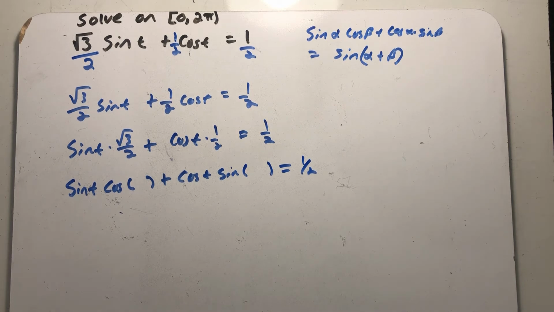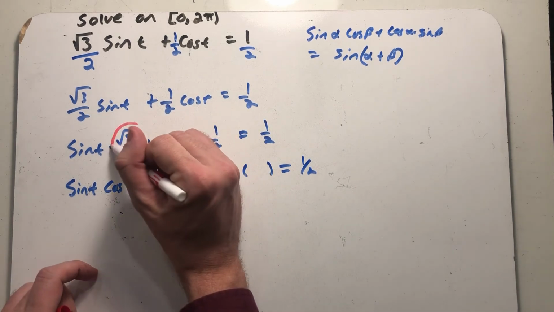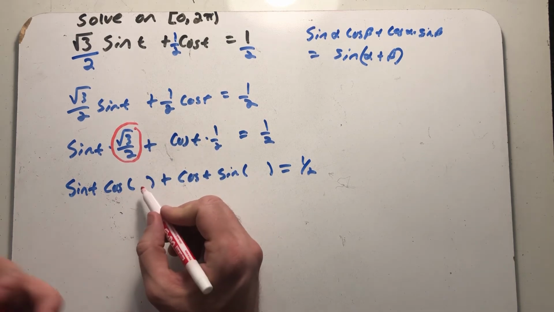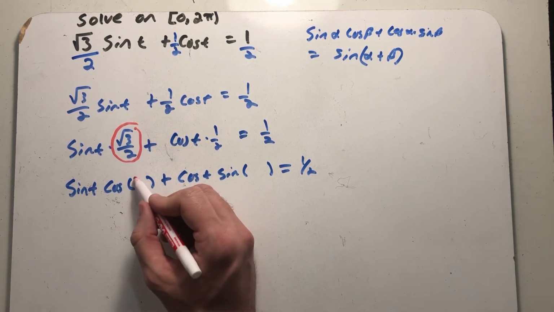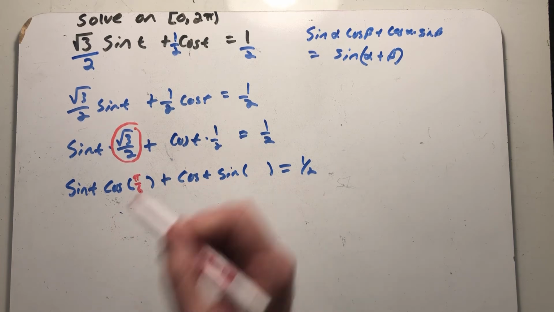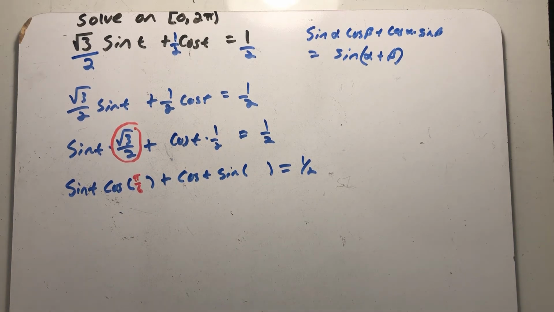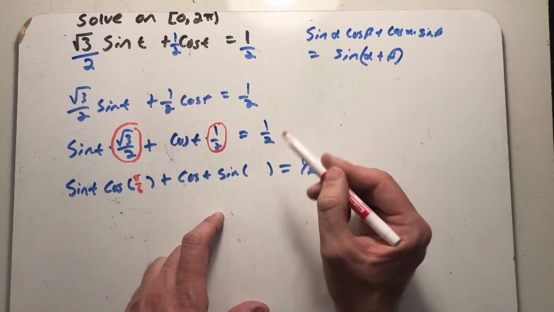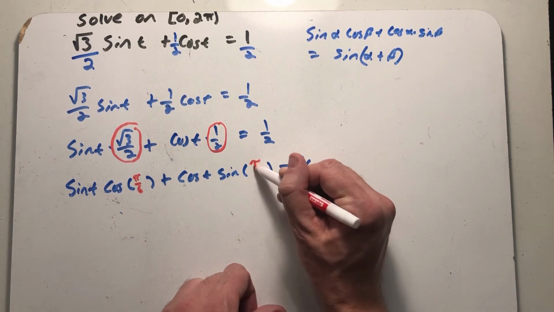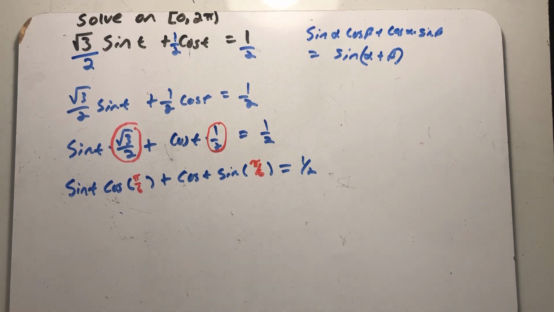So my thought is root 3 over 2 is equal to cosine of some angle. And let's see, I know what that angle is, right? That's the angle pi over 6, right? The cosine of pi over 6 is root 3 over 2. When it turns out the sine of pi over 6 is equal to 1/2. So that's the only angle I need to worry about.